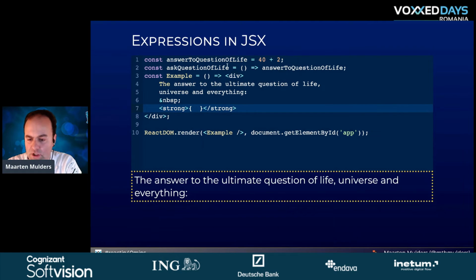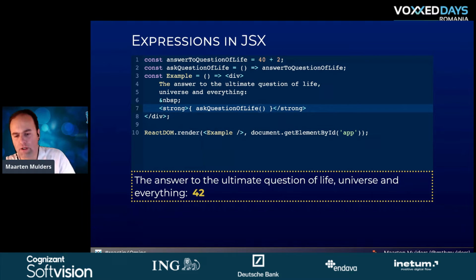But given that it's JavaScript, I can also refer to variables I already have at hand, like answerToQuestionOfLife. Or I could actually invoke a function, askQuestionOfLife. And given that the function returns the answer to the question of life, you would expect that, right? From ask, that you get an answer. You'll get that output as well.